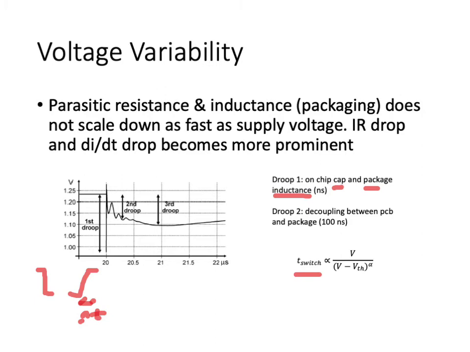And as we are miniaturizing the size of integrated circuits, the relative size of the wire bond, the package leads, the relative size of the on-chip capacitors, the decoupling capacitors becomes much larger than the actual interconnect, the actual metal wires between transistors. And so the parasitic resistance and inductances of these connections are relatively large.